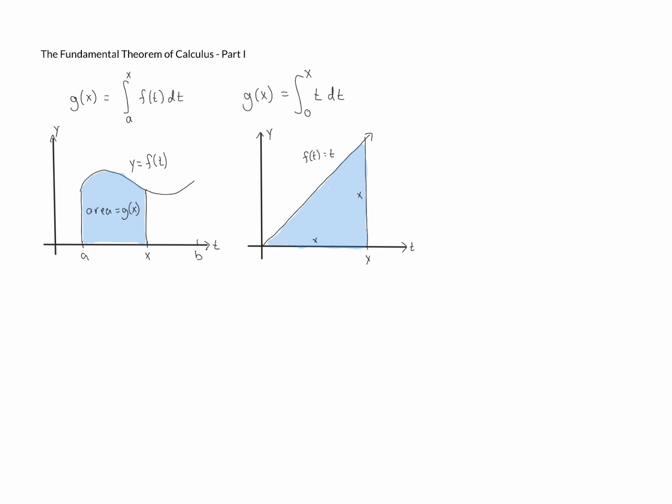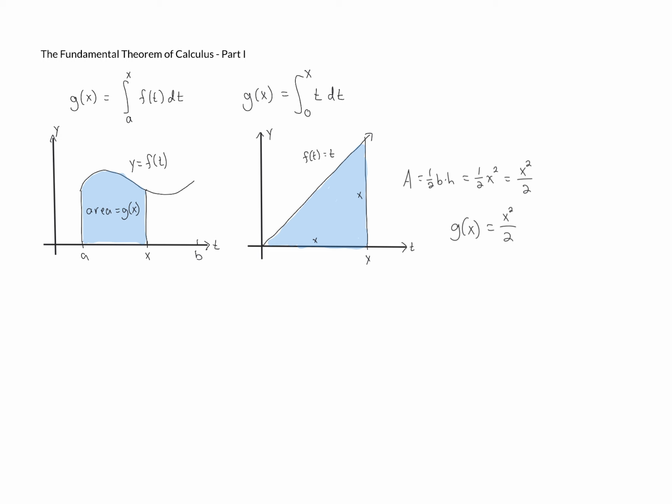And we know the area of a triangle is 1/2 base times height. In this case, the base and the height are both x's, so that's going to be 1/2 x squared, or x squared over 2, either way. So that's the value of g of x. g of x is going to be x squared over 2.